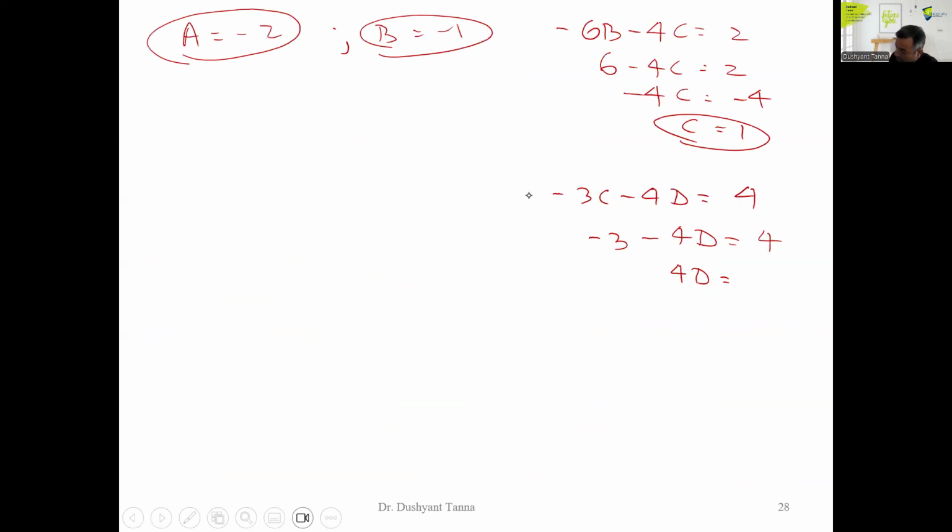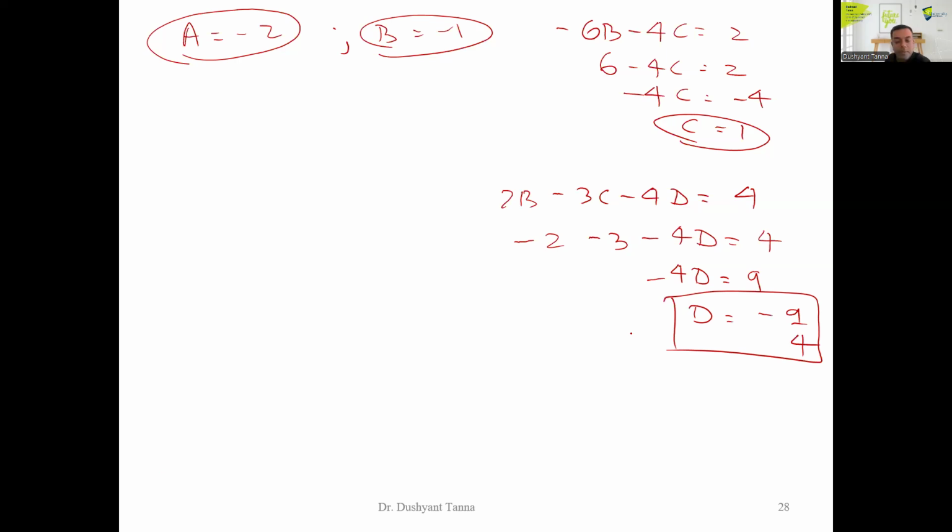Okay, so 2b. Oops. 2b. So that's like minus 2. Right? So that's like minus 5 goes and becomes plus 9. And d is minus 9 on 4. That sounds good. Perfect. We got A, B, C, D. That's what we needed, right?